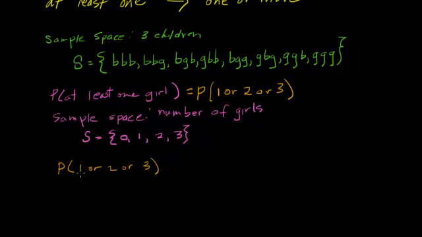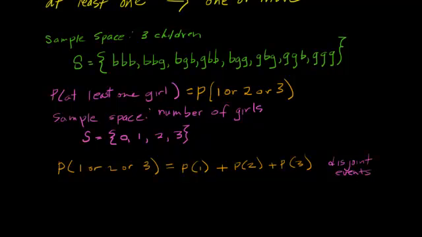Could a couple have 1 girl and 2 girls at the same time? No, they couldn't. So these are disjoint events. Therefore, we can write this as the probability of 1 plus the probability of 2 plus the probability of 3. Let me make a note here because these are disjoint events. They're mutually exclusive.